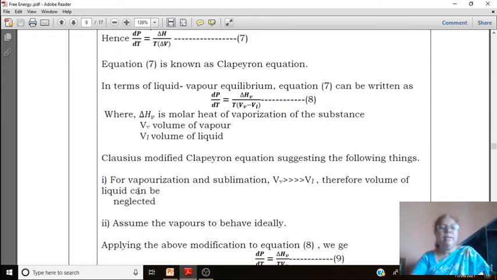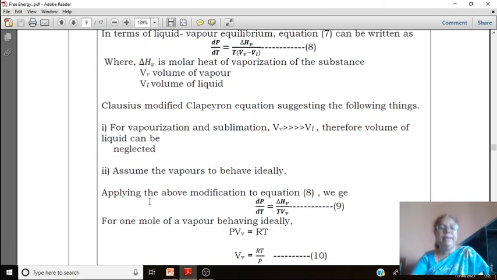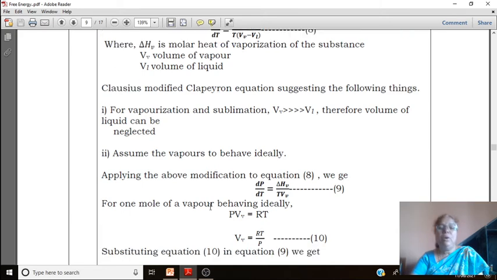The first thing: for vaporization and sublimation, the volume of vapor is very large as compared to the volume of liquid. Therefore, the volume of liquid can be neglected, and assume the vapors to behave ideally. Applying these two assumptions, Clausius modified the Clapeyron equation.